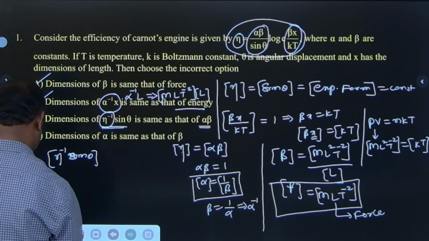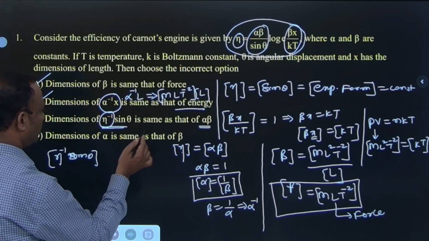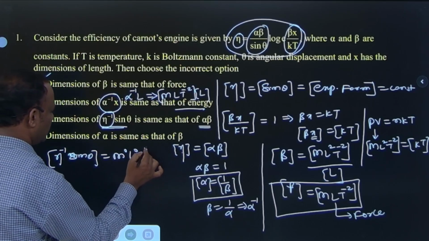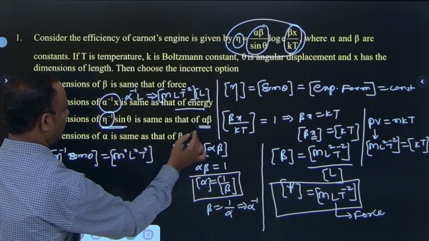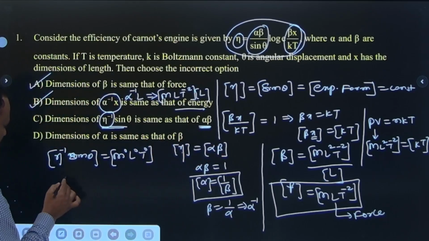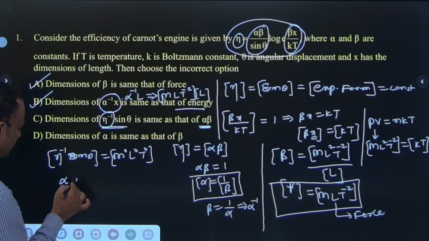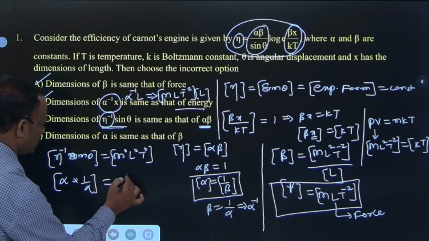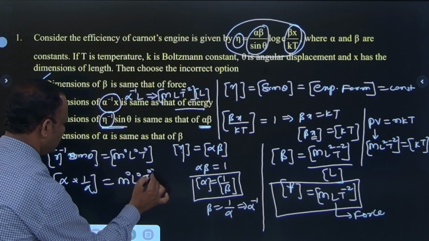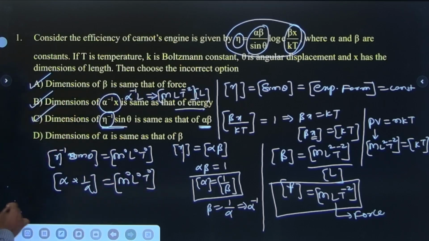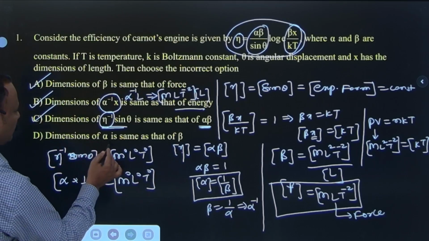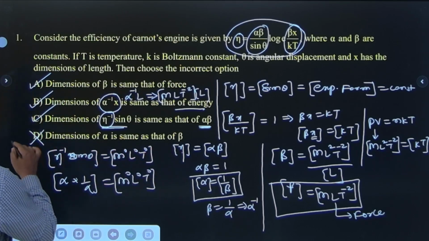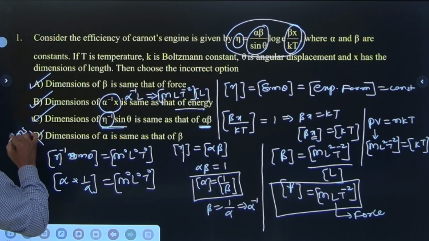Next, alpha beta: alpha into beta is 1 by alpha only, no? So it's dimensionless, M0 L0 T0. So this is also correct. Which must be wrong? The statement that the dimensions of alpha and beta are the same is wrong. So this is the correct answer.